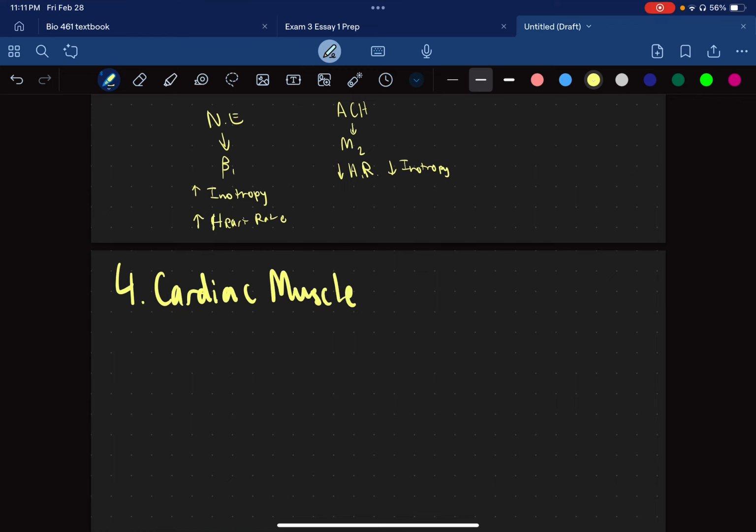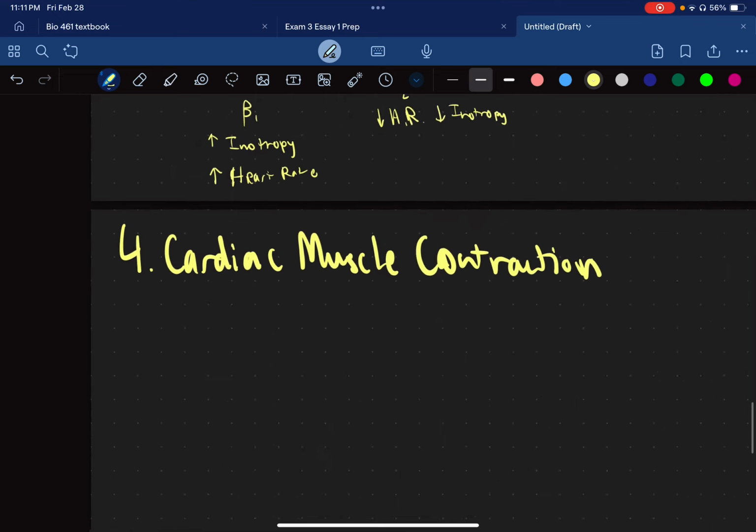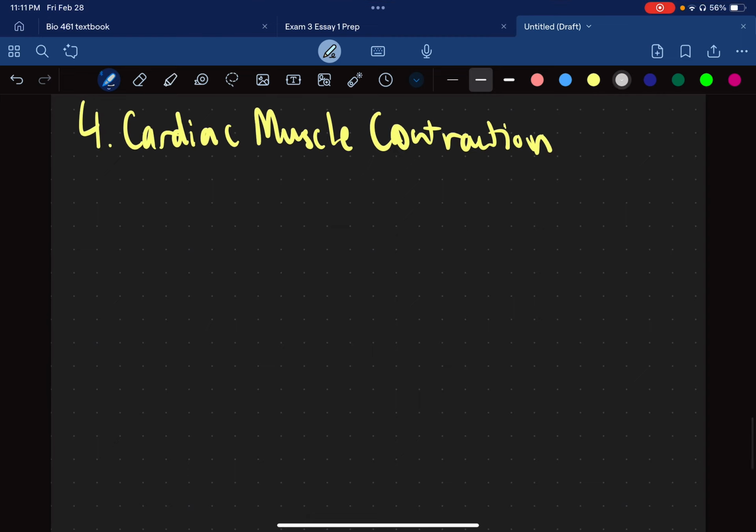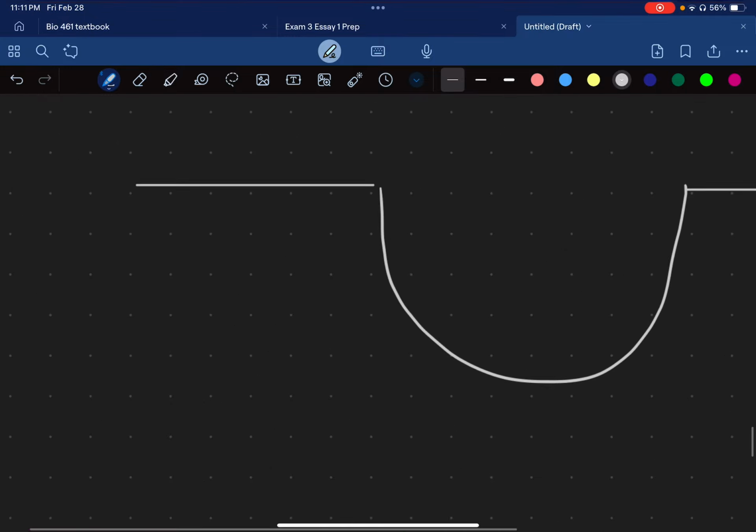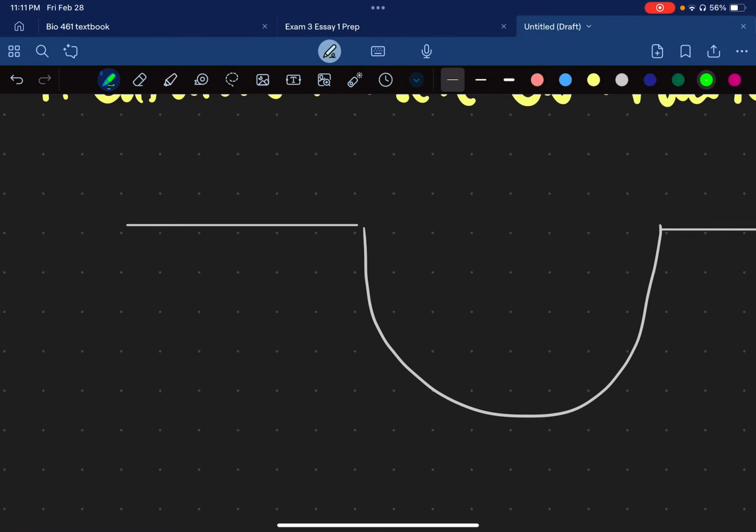Now, we've talked a lot about cardiac muscle contraction. Let's actually map out what is happening and where. So we'll start with how contraction happens. Let's just draw out a big blown up heart cell. So we're going to have an initial action potential coming in to this T-tubule.